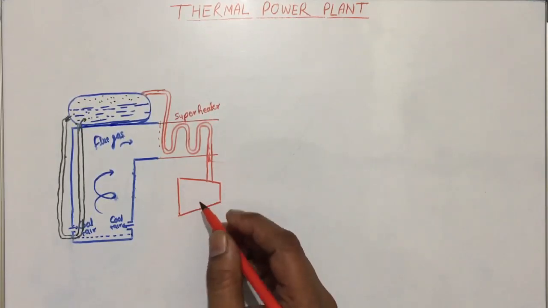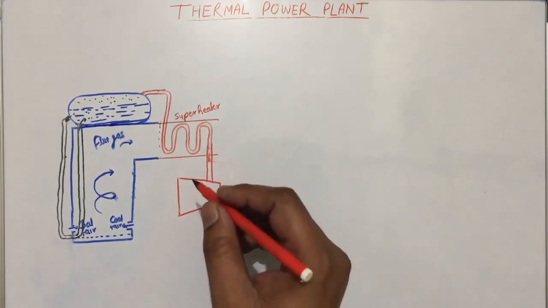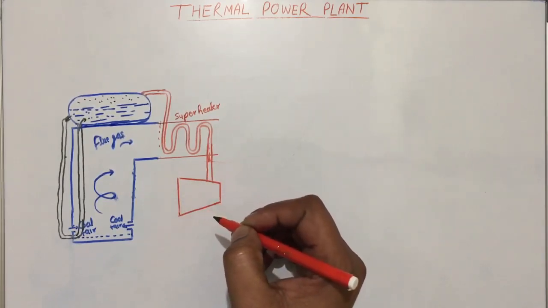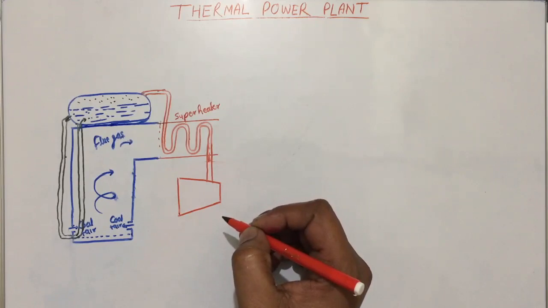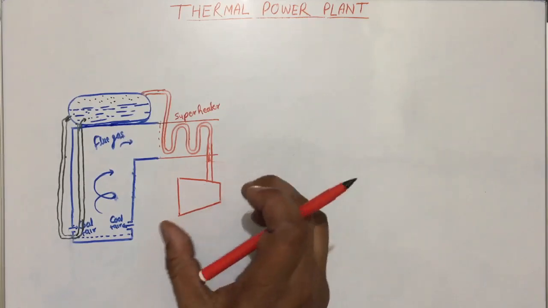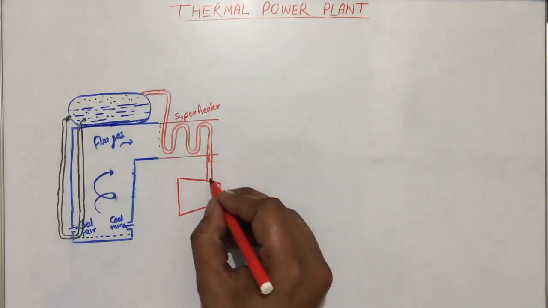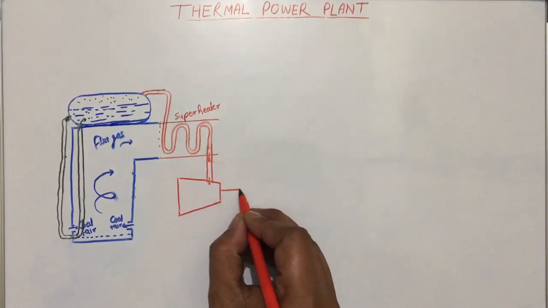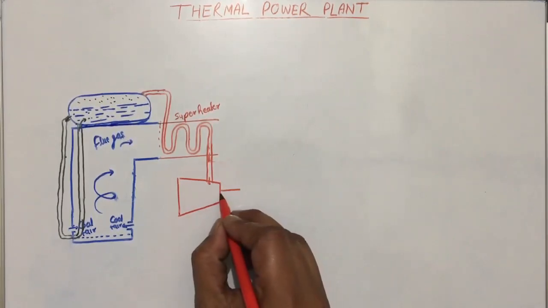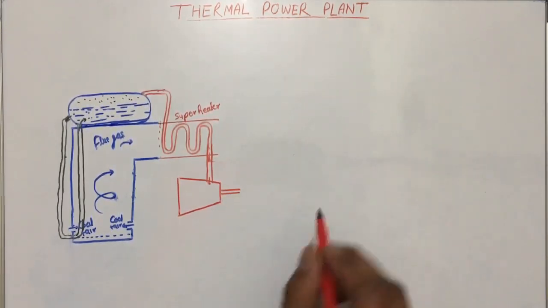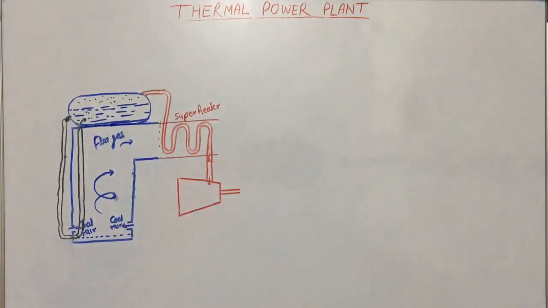When this steam strikes the turbine blades, the energy from the steam gets extracted by the turbine, and the shaft of the turbine rotates, and its shaft is connected to the generator, and the generator generates the electricity. This is one possibility.